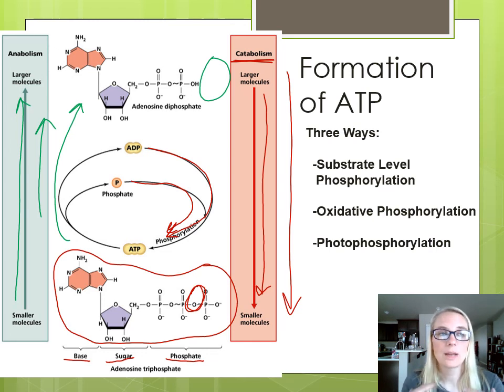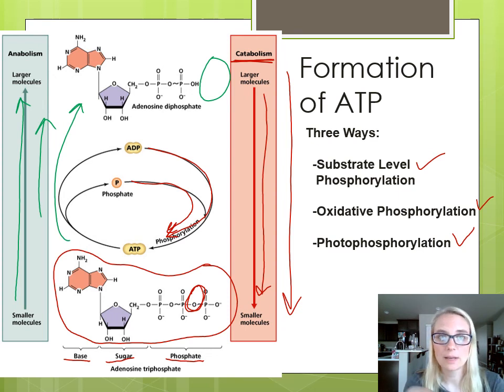And cells in general have 3 ways of doing that, these enzymatically driven ways. We have what's called substrate level phosphorylation, oxidative phosphorylation, and photophosphorylation. And the names might give you clues as to what's actually going on.